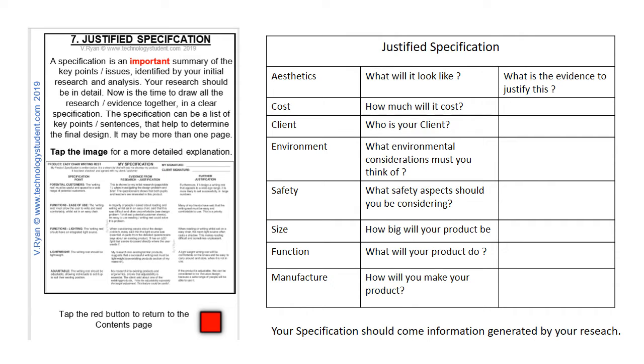Is it going to be a high cost product, or a low cost product? Again, the client, you've identified the client. Environmental considerations, again, very important to look at. And then safety as well, and size, how big is your product going to be? Function, what will you do? We discussed that. And what possible manufacturing processes will you use?